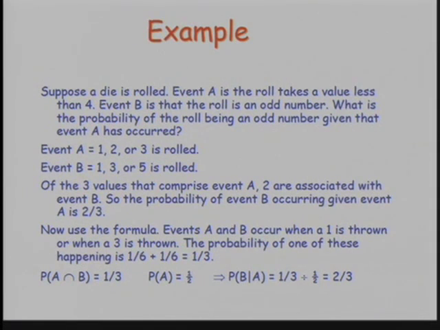So I'm looking exactly for this quantity, probability of B given A. Well, define the events. Event A is roll takes a value less than 4, so that's 1, 2, or 3. And event B, the roll is an odd number, so that's 1, 3, or 5.